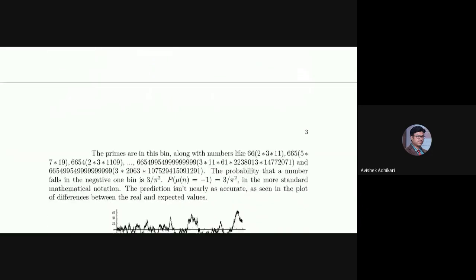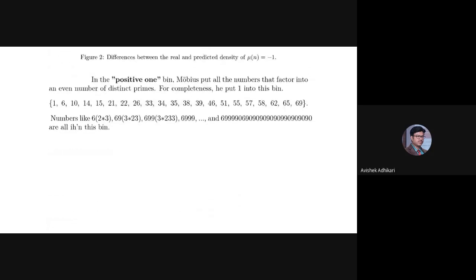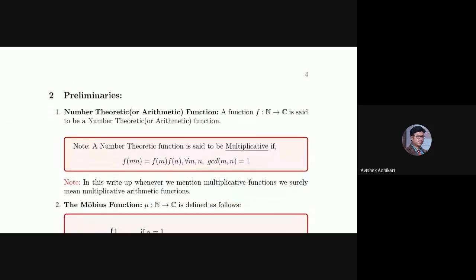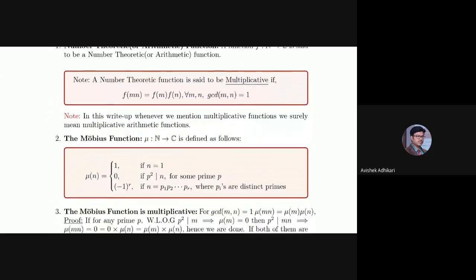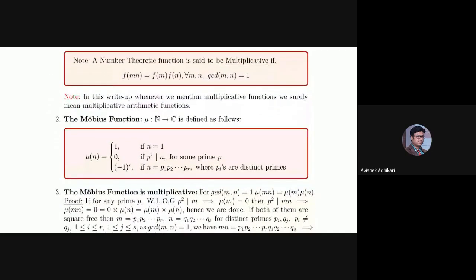Similarly, if k is an even number, then we put it in the positive 1 bin. And that is how we define the Mobius function, which we write as mu. Mu is a function from natural numbers to complex numbers, with mu of n being 1.